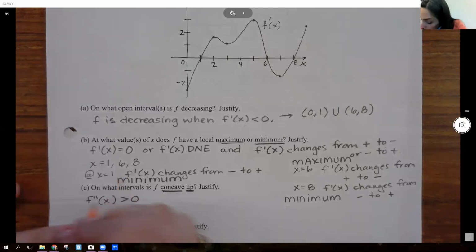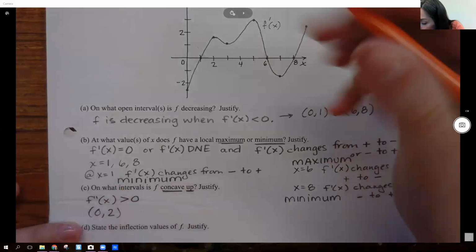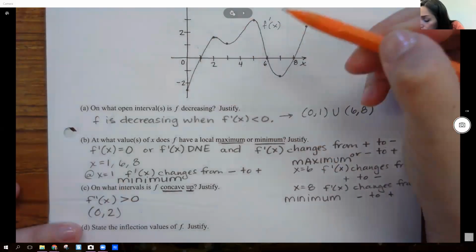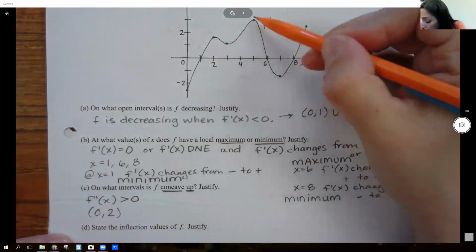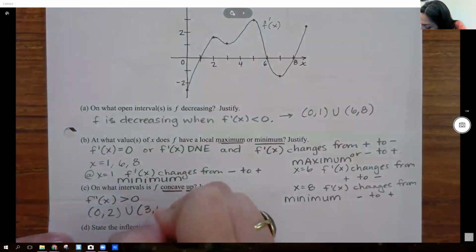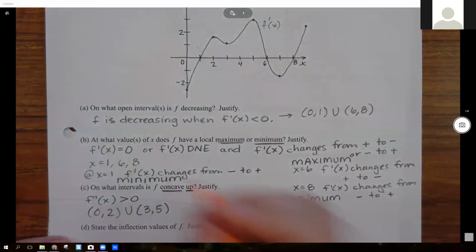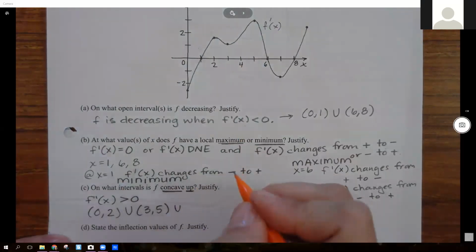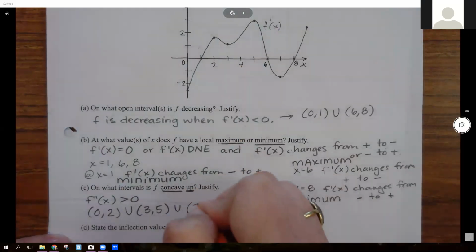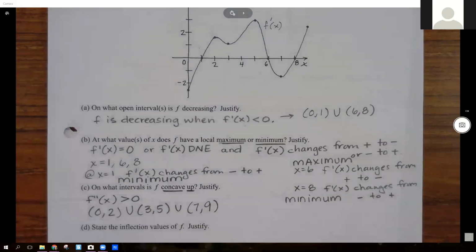Between 0 and 2. 0 and 2, that's good. And 3 and 5. And 7 and 9. Yep. Good.